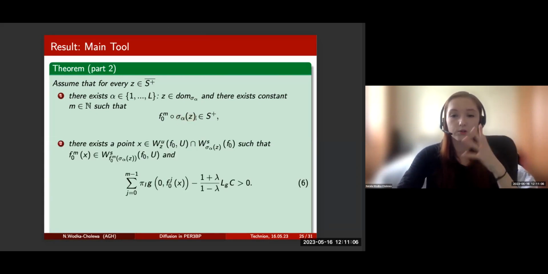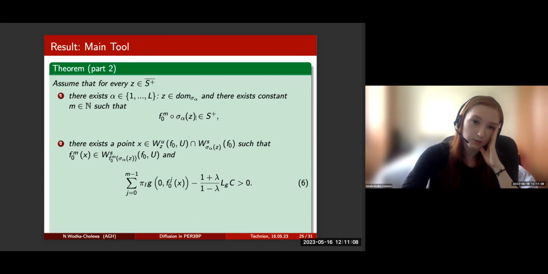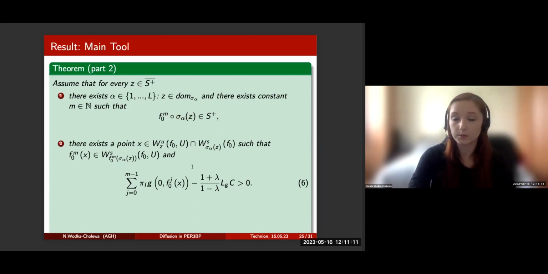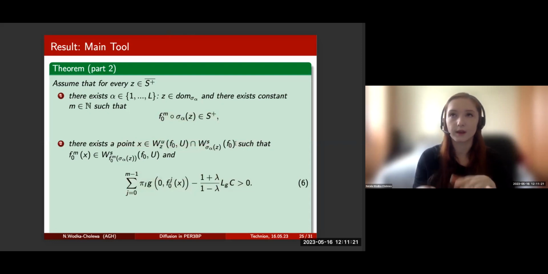And the main thing to check, there will be a picture, it will be easier to understand. We have some point X here. It's in the intersection of the unstable and stable manifold, but for unstable it's Z, and for stable it's this point after moving it somewhere.